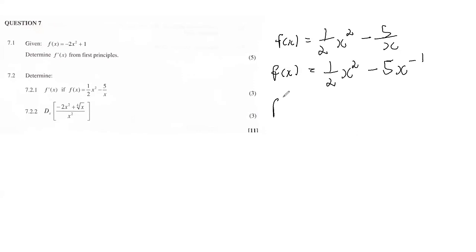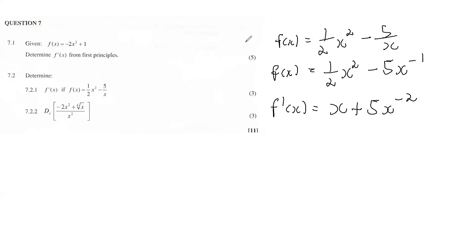Now at this point, we write f prime x is equal to what? The 2 multiplied by half is going to be 1. So that's x, and if we subtract 1 from the 2, that's just x. Then if we take the negative 1 and multiply by this coefficient, that's a positive 5. But if we subtract 1 from here, we end up with negative 2. Now, it is not necessary for you to write this in terms of positive exponents. You can just leave your answer like that. It is absolutely fine, right?